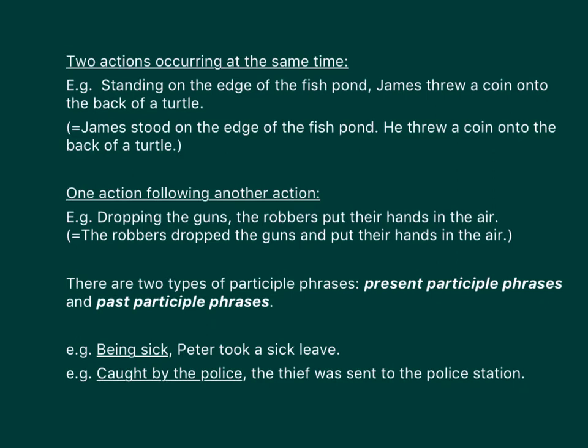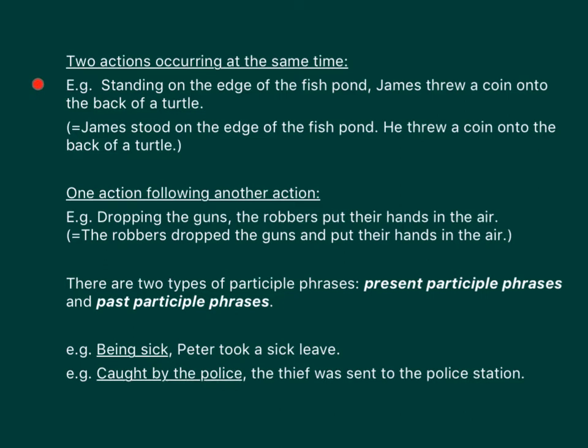The participle phrase can be used to describe two actions happening at the same time or one action after another. Here is an example of each of them. Two actions occurring at the same time.